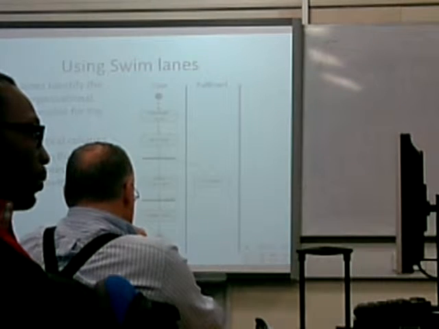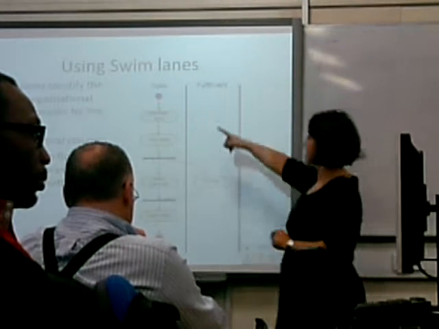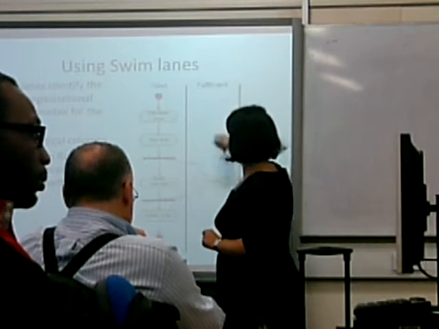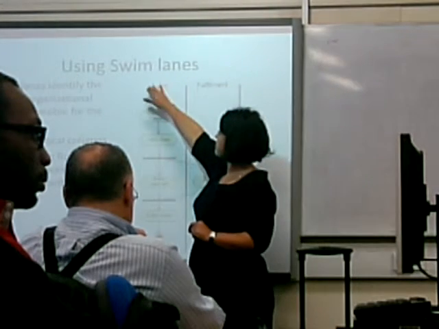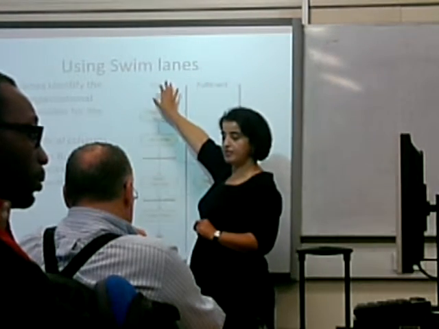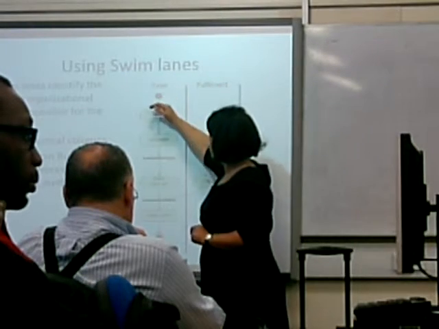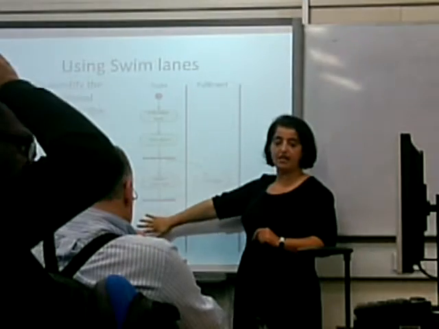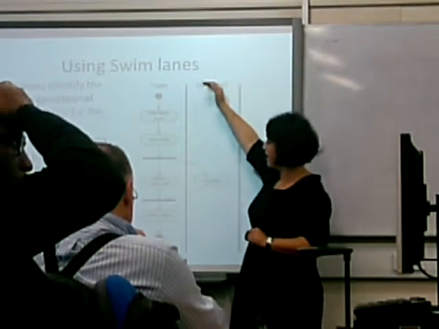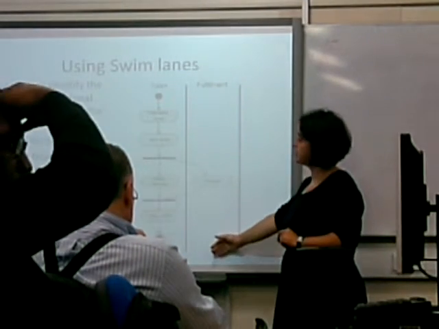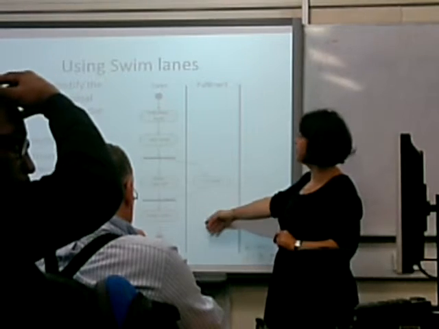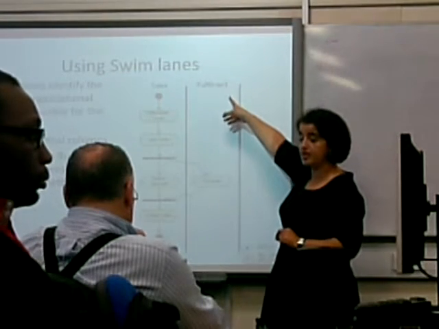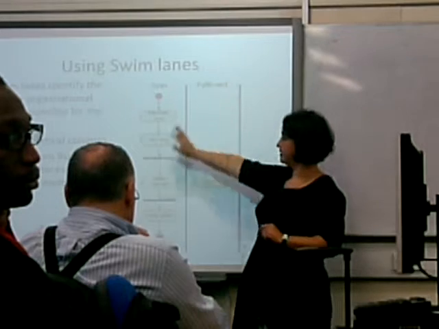For example, here we have a sales swim lane and a fulfillment swim lane. Each one of them represents an organization unit, and all the activities coming under this swim lane are the responsibility of sales, and all the activities on this swim lane will be the responsibility of this swim lane.